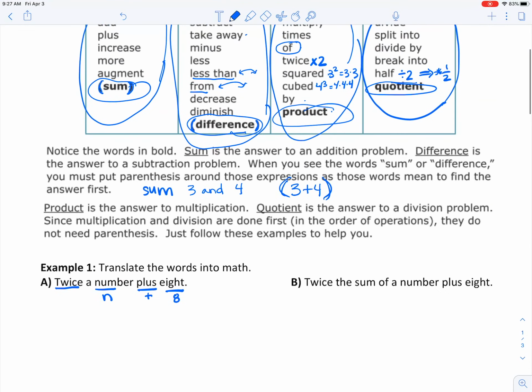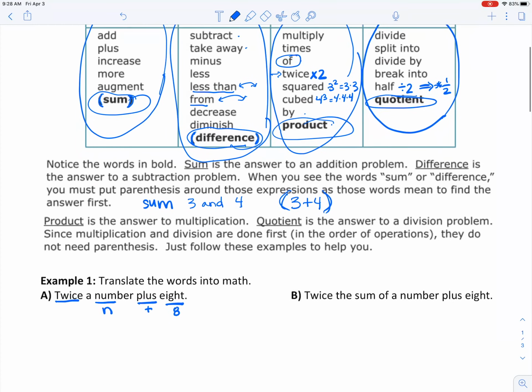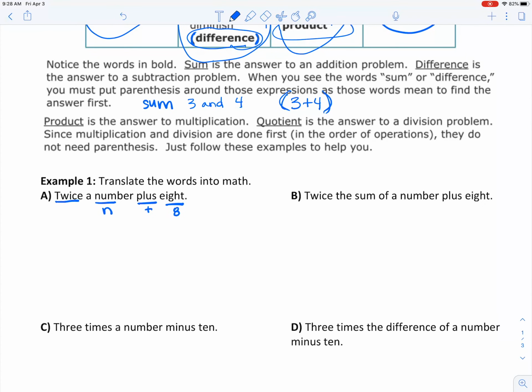And twice, maybe I forgot what twice means. I can always go back to the top of my sheet here, and here I see twice is multiplied by 2. So if I were to take this now and write it as one math expression, we have 2 times n plus 8.